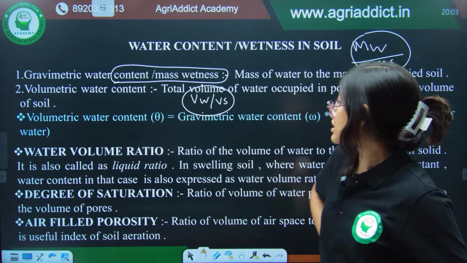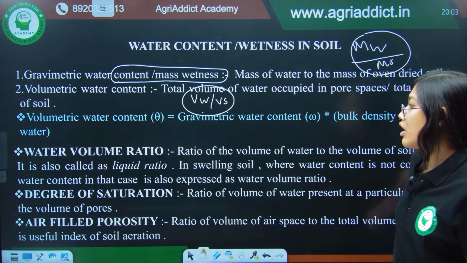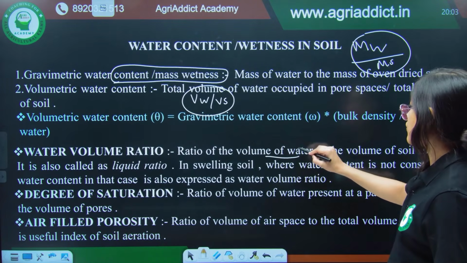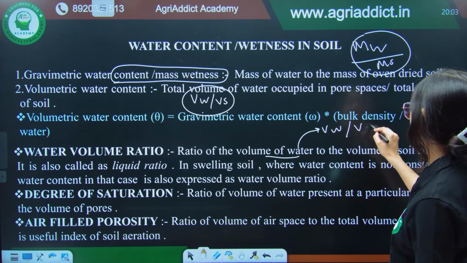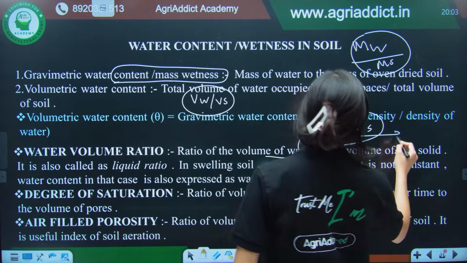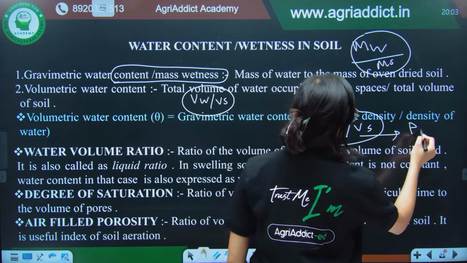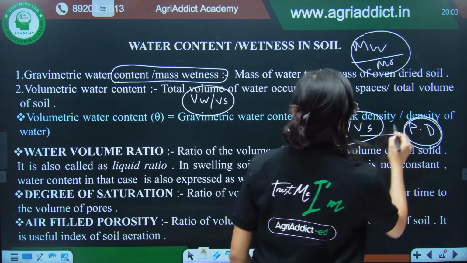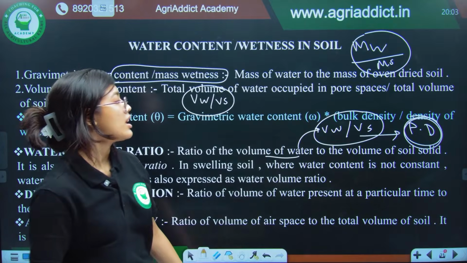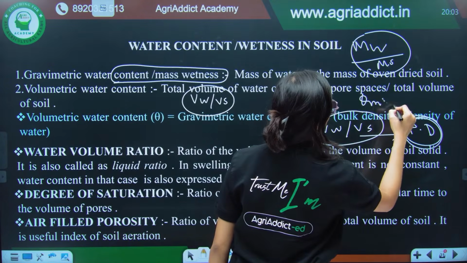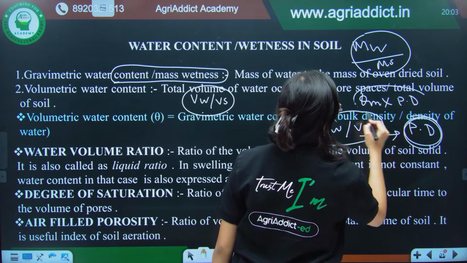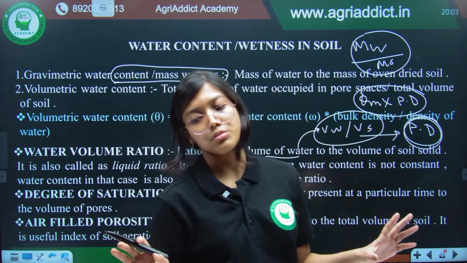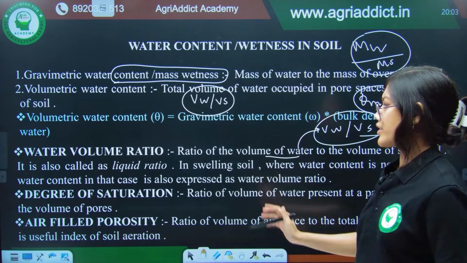Now comes another thing, that is called water volume ratio or the liquid ratio. It is the volume of water divided by the volume of soil solid, because here there is the volume of soil solid, you will have to assume the particle density. So, it will be gravimetric moisture content into particle density, a very important formula. This is also called liquid ratio.